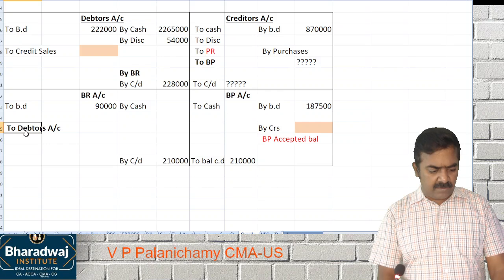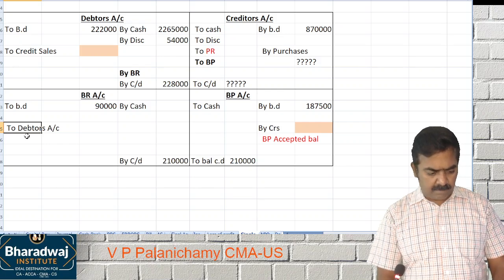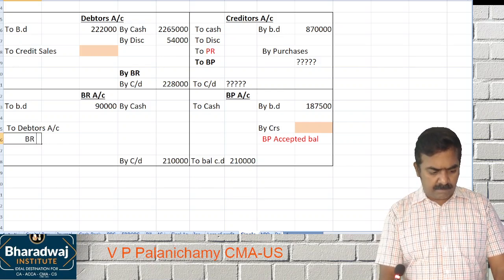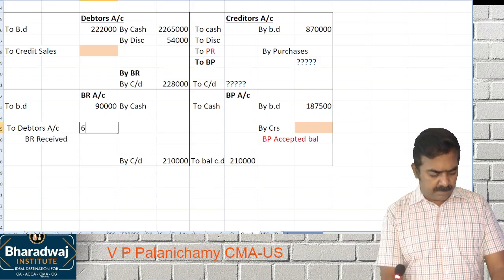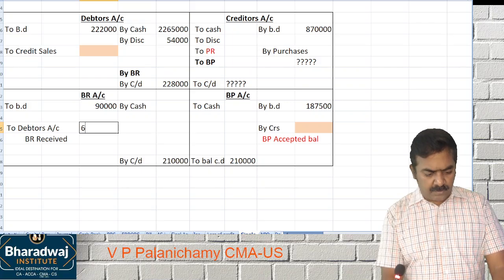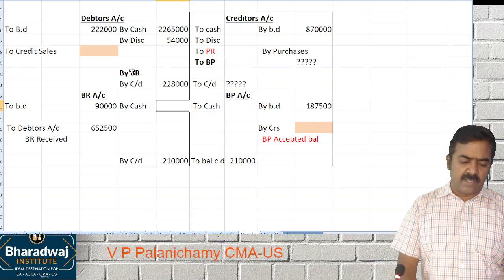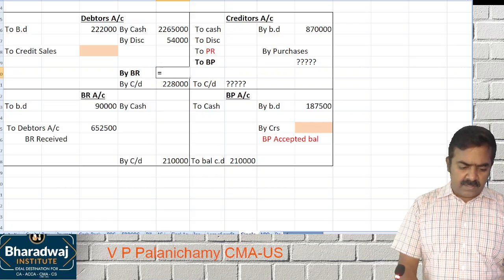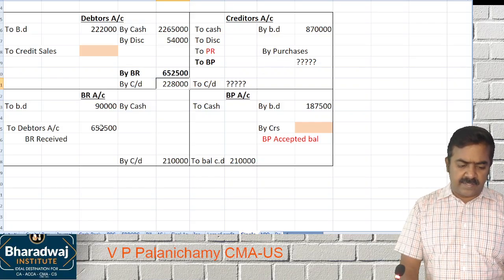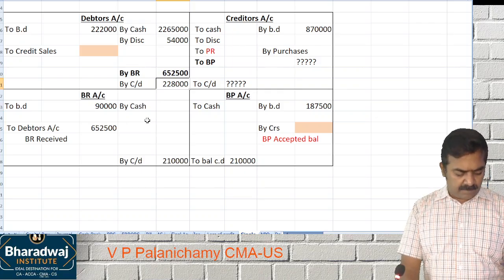Bills receivable received during the year. How much? 6 lakhs? 52? That is given in the question. 652,500 is given in the question. It will come as by bills receivable 6,52,500.